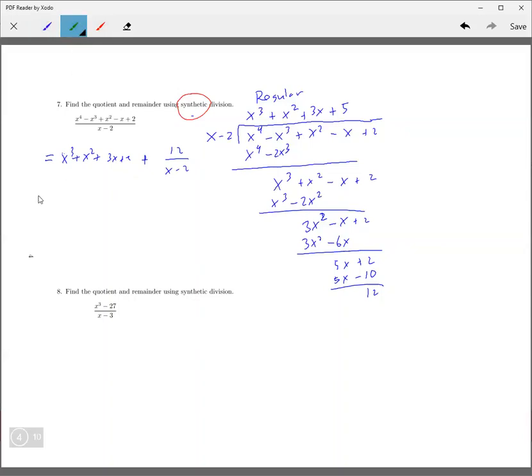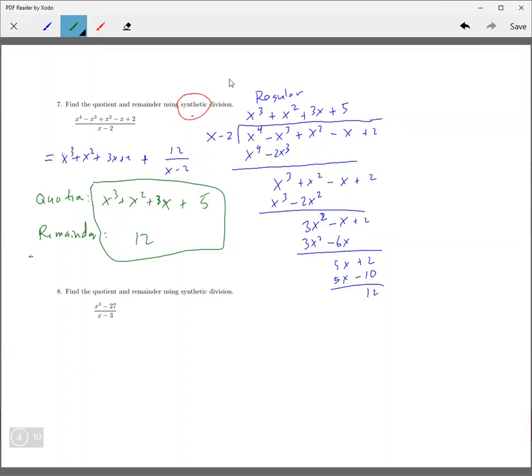And so your quotient is going to be x cubed plus x squared plus 3x plus 5, and your remainder is going to be 12. Okay, so those are the answers they're looking for right there.